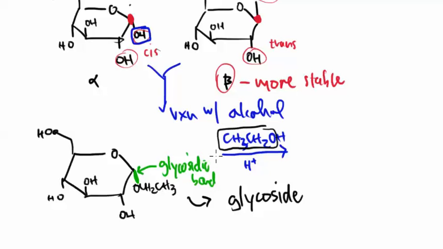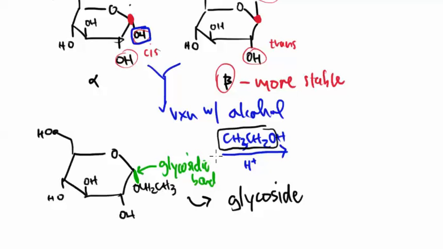Now this is a 6-membered ring, so we could actually call this a pyranoside if we wanted. If it was a 5-membered ring, we could call it a furanoside if we wanted. But this is a glycoside. It forms a glycosidic bond. That is the bond again that we call between carbon and oxygen.